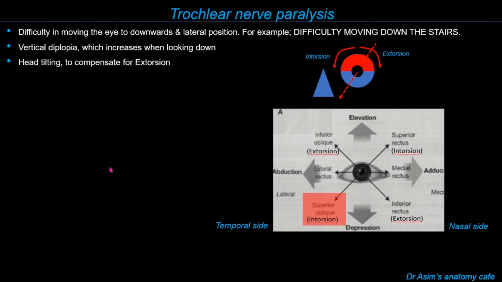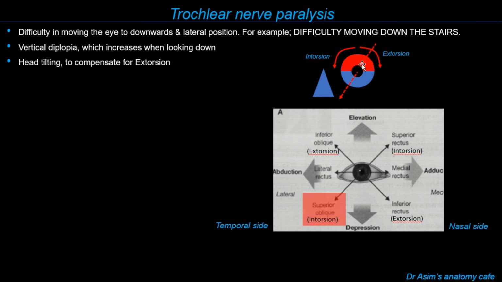First, you have to understand what intorsion and extorsion movements of the eyeball are. If you look at this cartoon illustration over here, you can see an eyeball with an anteroposterior axis passing through it. You can see this is the nose drawn over here. So this is the medial or the nasal side, and this would be the outer or the lateral side. So you're basically looking at the left eyeball from the front.